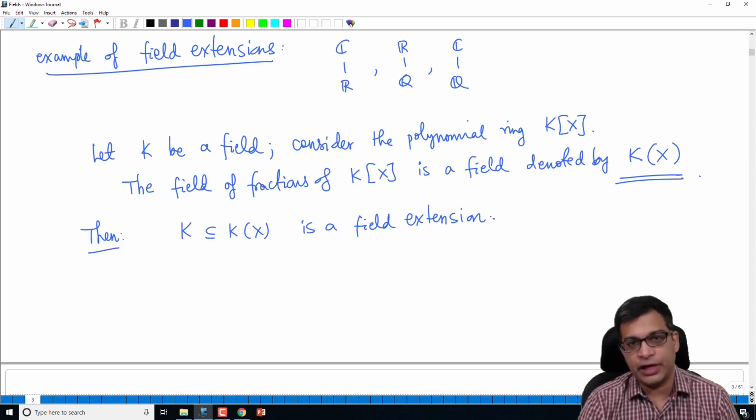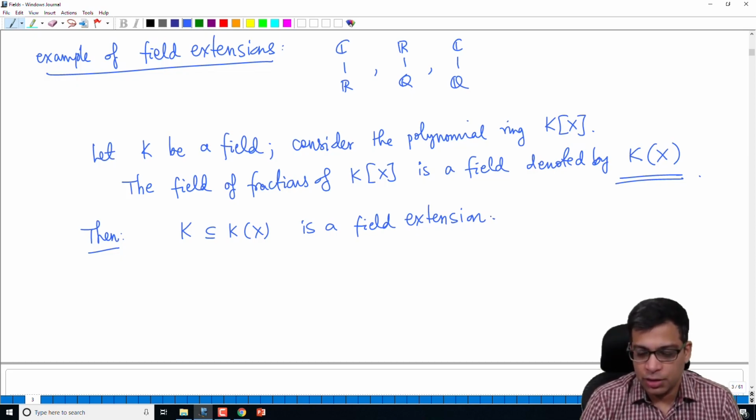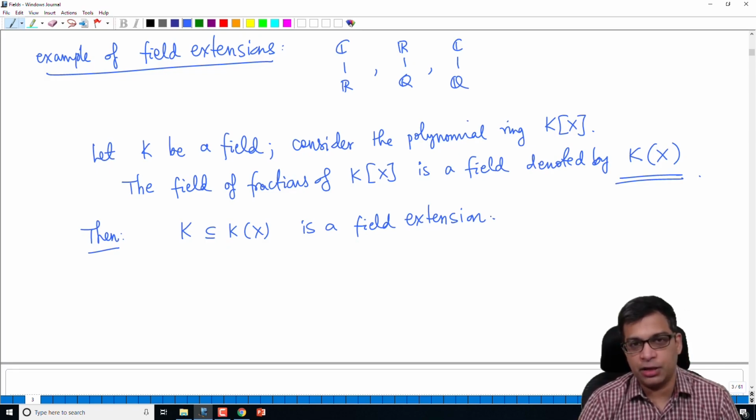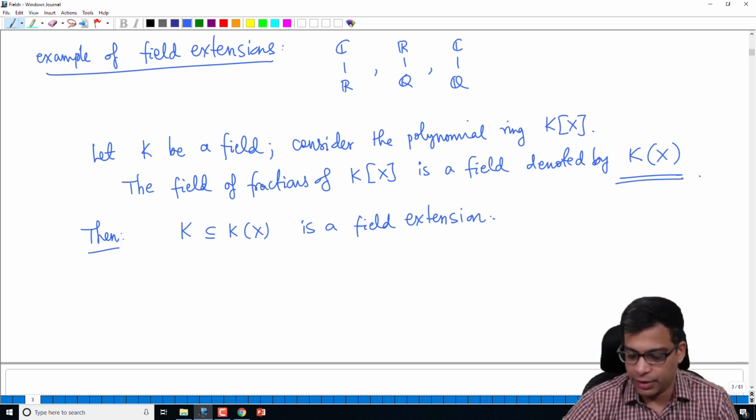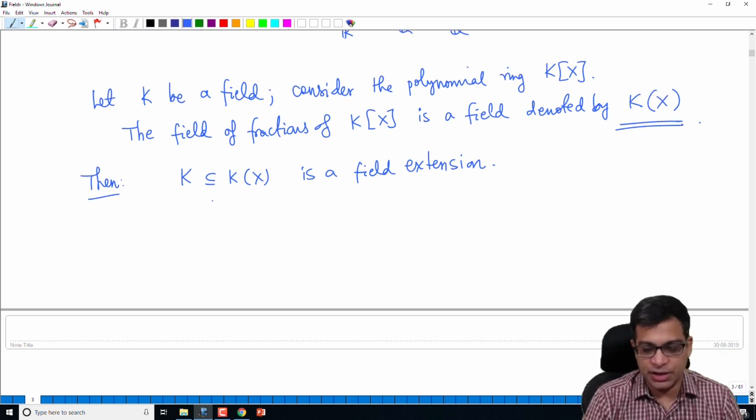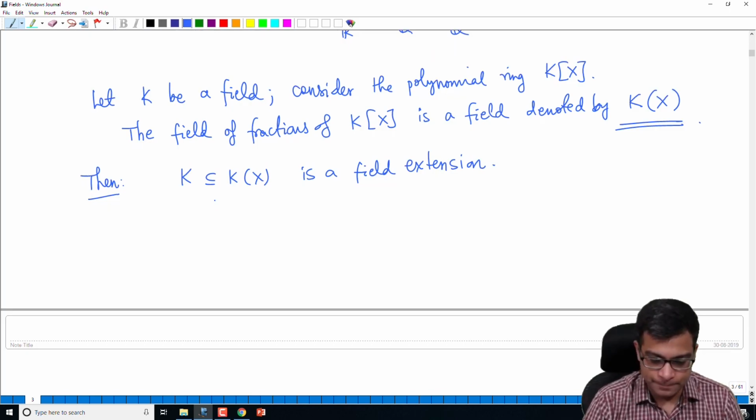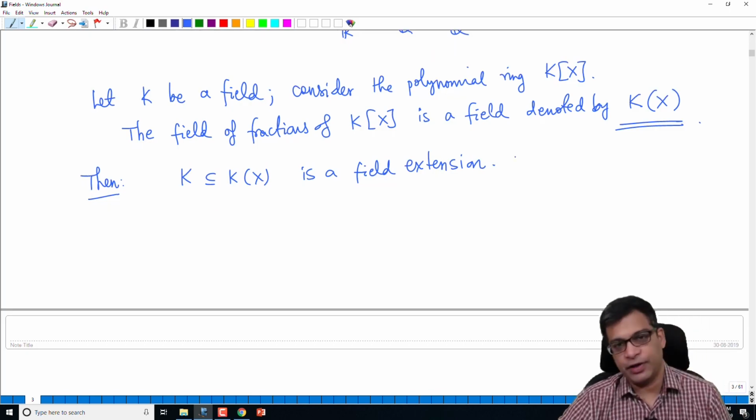It will have infinitely many elements, because remember, the polynomial ring is already an infinite ring. So when you take the field of fractions, it's going to also be infinite. So we will study later field extensions of Z mod pZ, which are also finite fields. But this is an extension that we can construct for every field.